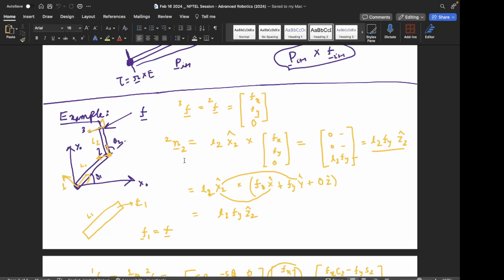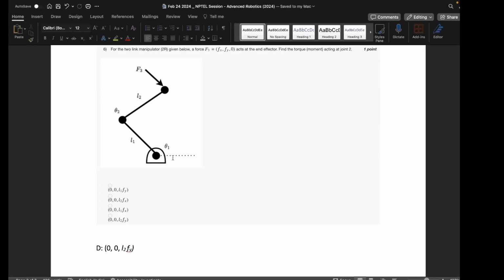So from the origin of frame 2, which is here, to the point of application of the force, which is at the end of the link, that position vector is L2 in the direction x2 cap. So L2 x2 cross the force, right? We did the cross product and got L2 Fy Z2 cap, right? So Z2 cap is the axis of joint 2.